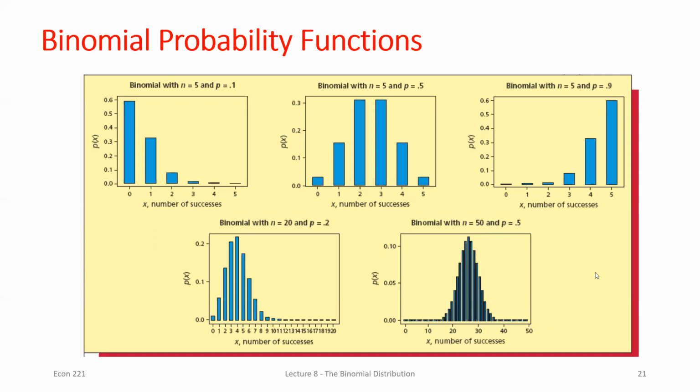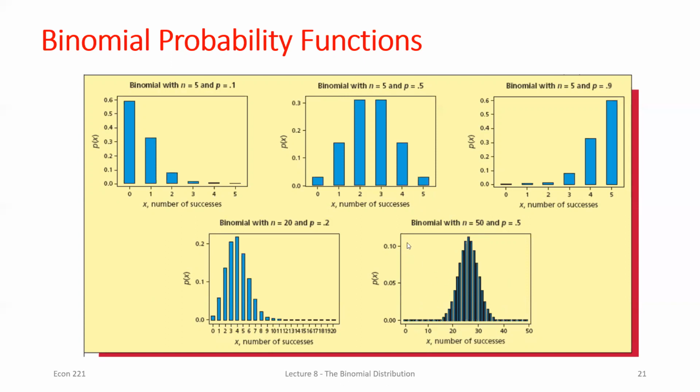And when I have more options, think about it this way. Even if everything was equally as likely, if I had 10 possible outcomes, then everything would have a probability of 1/10. If I go to 100 possible outcomes, everything would be 1 over 100. So including more possible outcomes when I have a higher number of trials will reduce the probability of everything, right?